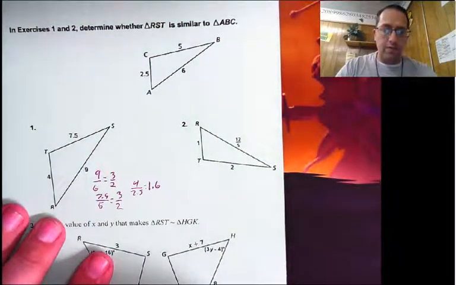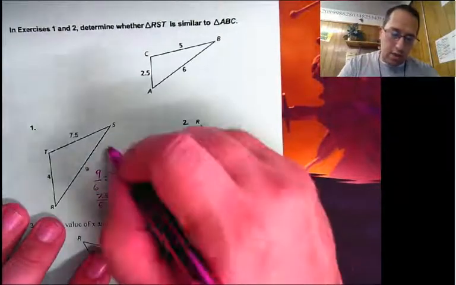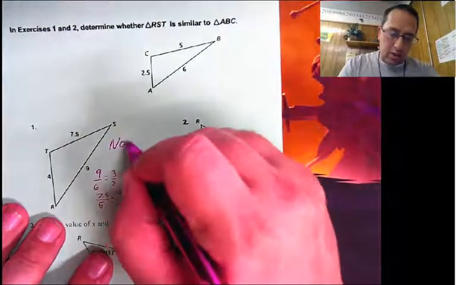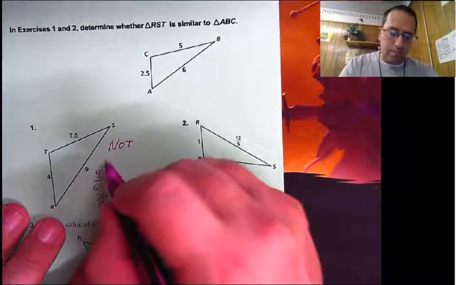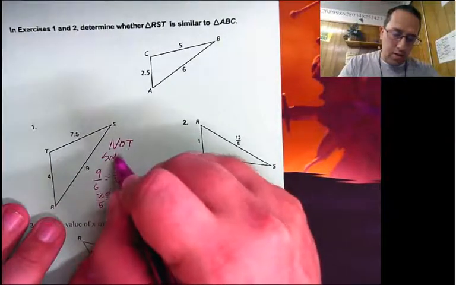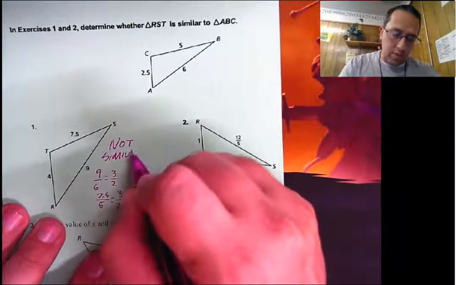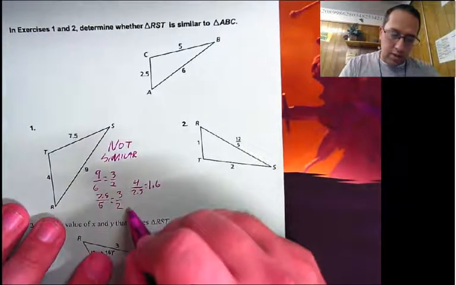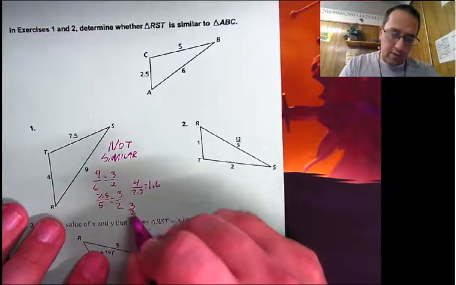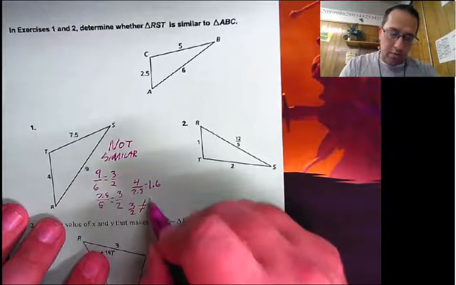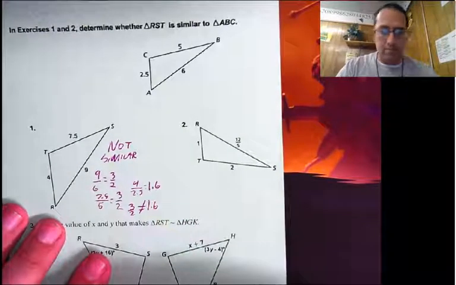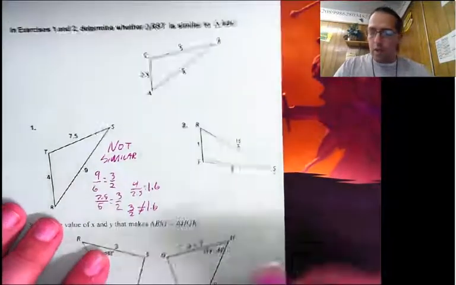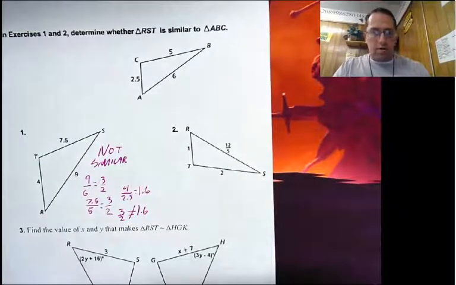Not 1.5, is it? And so these are not similar. Not similar, because 3 halves does not equal 1.6. No good.